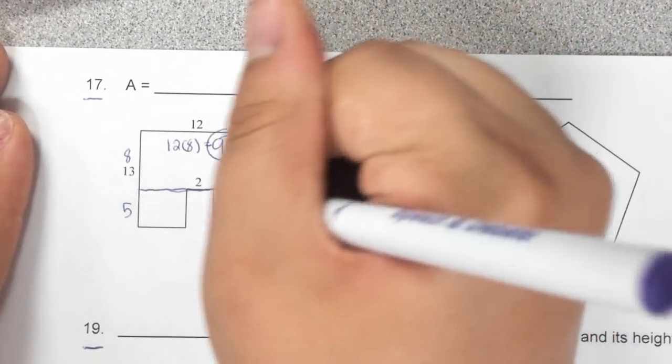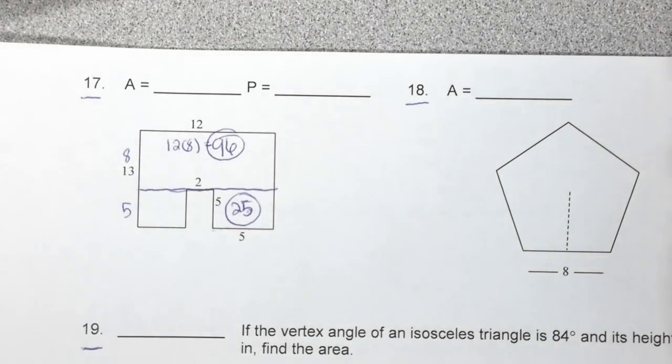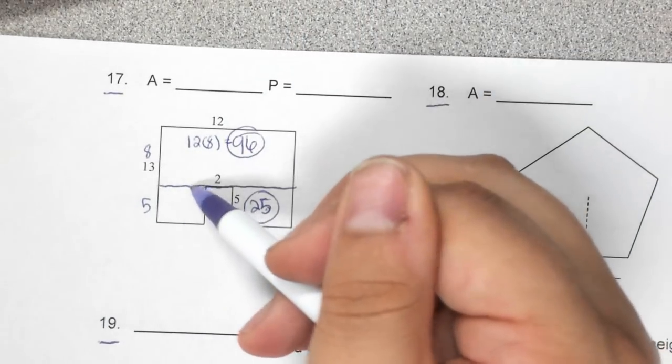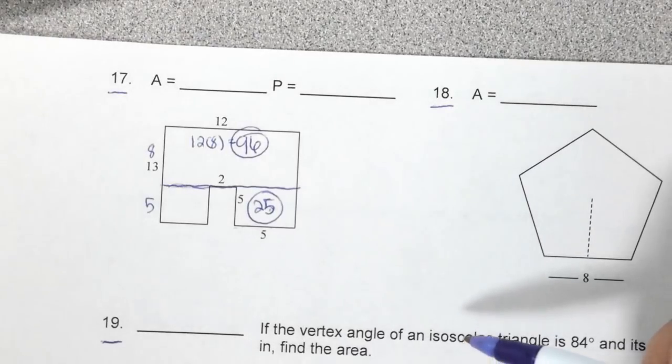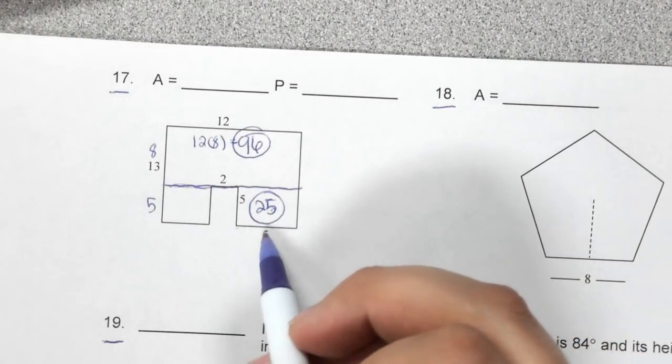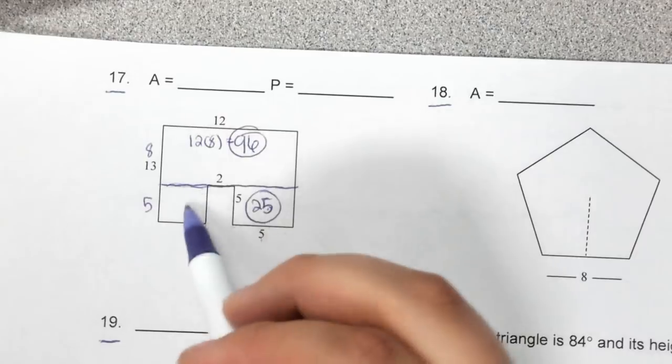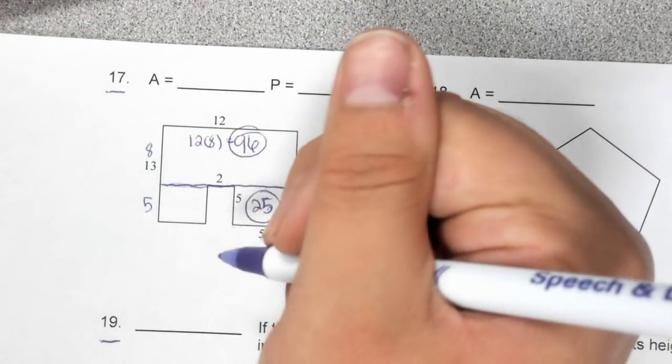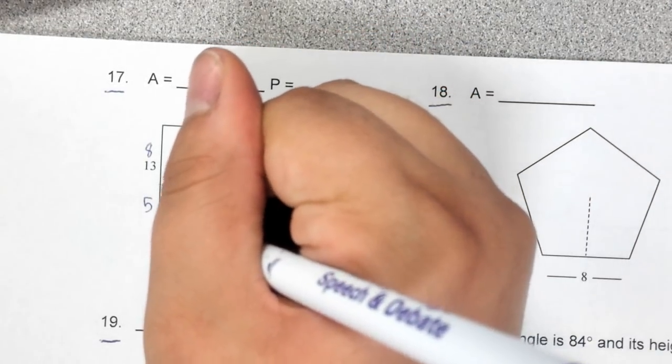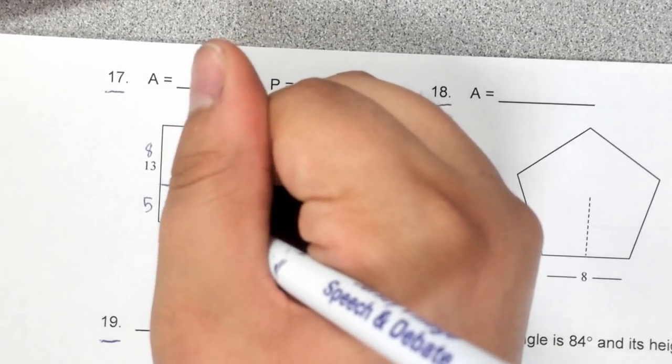So I'm going to circle that. Okay, and then right here, how do I figure out how much this is? I have 5 and I have 2. Subtract from 12. What does that give me down here? 5 again. So this is 25.